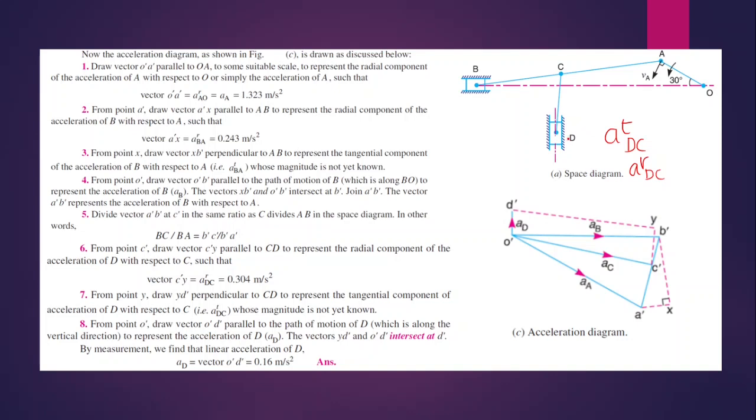Here, the radial component of acceleration of d with respect to c is always parallel to cd, and we have already found out that magnitude, 0.304 meter per second square.